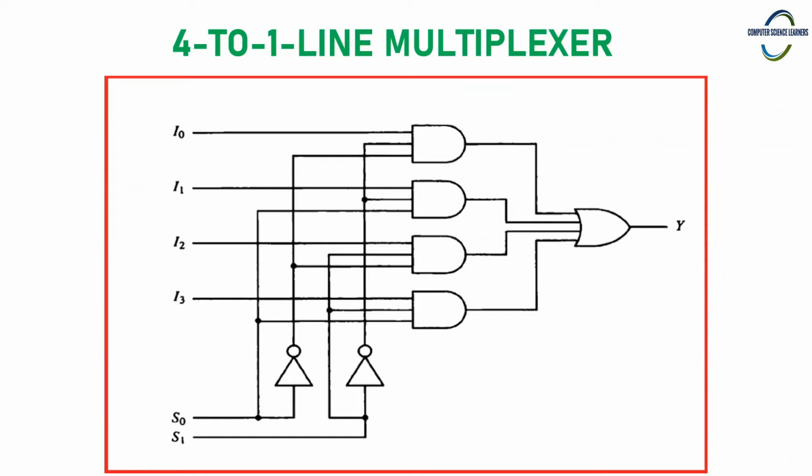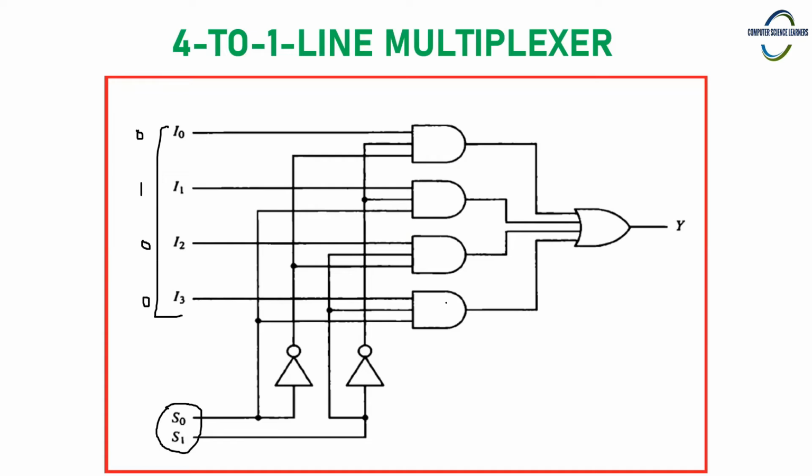Now, if we see the internal implementation of the multiplexer, we can design it like this. Here we have these select lines, and here we have these 4 inputs. These 4 inputs may be anything, 0 or 1, whatever it is. Suppose I0 is 0, and this one is also 0.